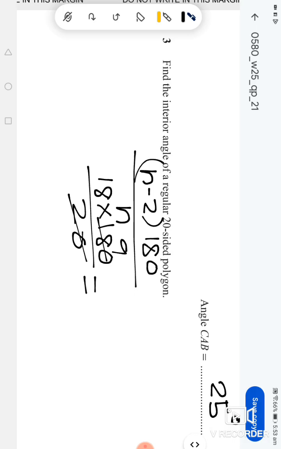So 18 times 9: 8 times 9 is 72, 9 plus 7, 162.